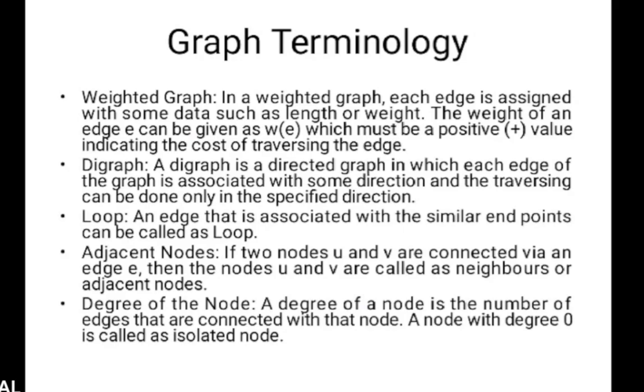Further, we have the in degree and the out degree. The number of edges leaving the vertex is called an in degree, and the number of edges joining that vertex is called the out degree, and the total of in degree and out degree is the degree of the graph. Okay.